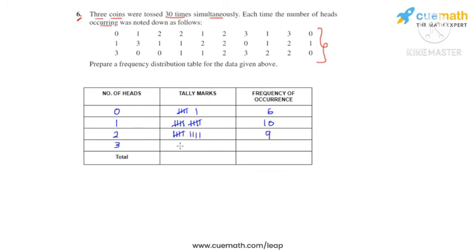And finally we have head occurring in all the 3 coins 5 times, so the tally marks is 5 and the frequency is also 5. So if we sum this up, that is the frequency of occurrence, we get a total of 30. So that tells us that we have not missed any of the data points. And this is how we prepare a frequency distribution table for the data which was given to us.